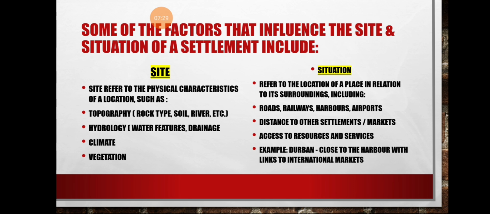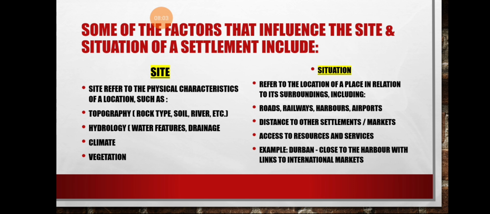Situation refers to the location of a place in relation to its surrounding, including road, meaning that the settlement must have the transport network, road, and so on. Along that settlement, the economic activities may be practiced. Therefore, they need what?